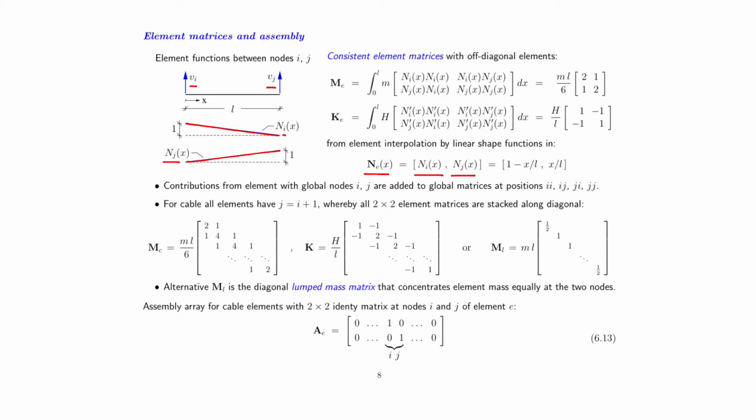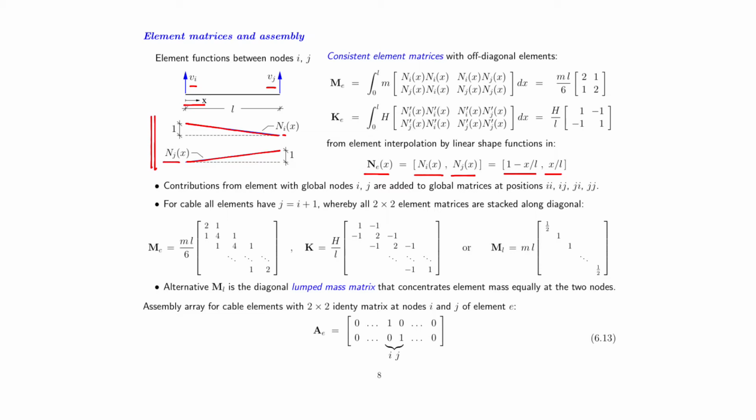If we assume that the x coordinate is 0 at the left node and L at the right node, then Ni will be 1 minus x divided by the length of the element, whereas Nj will be simply x divided by L. And these two expressions are shown by the shape functions in this figure here.